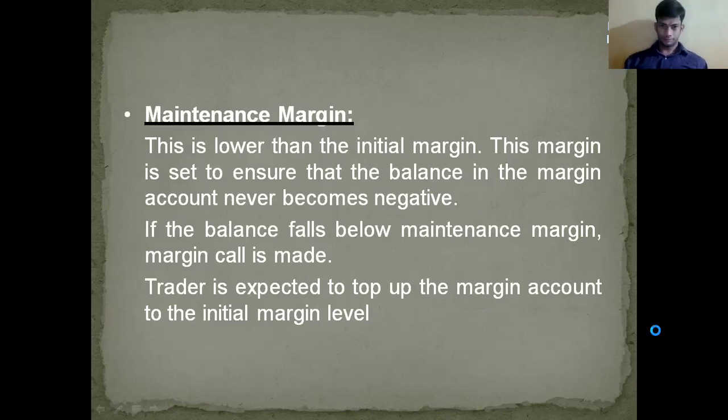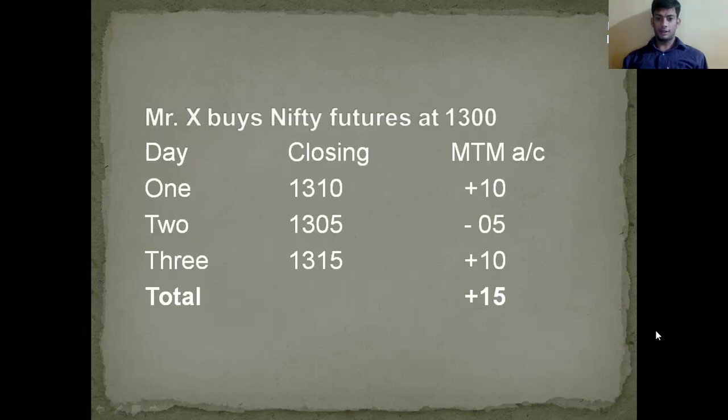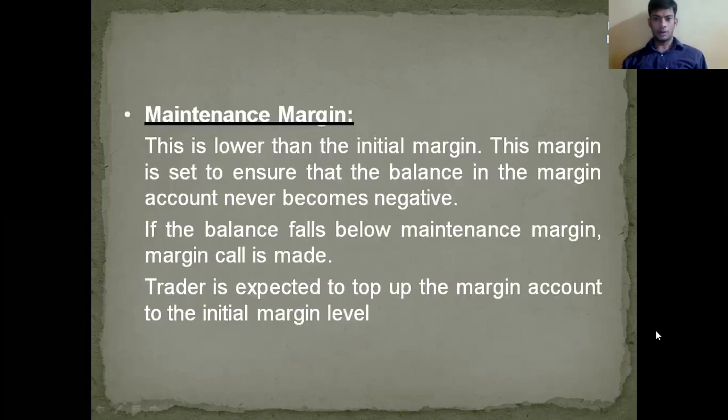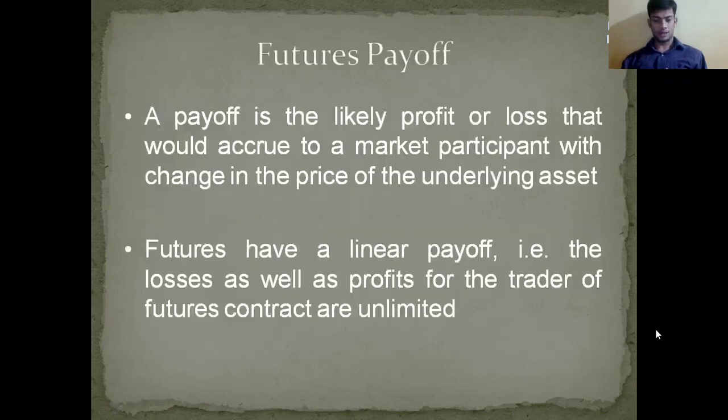For example, here the margin is 10. My minimum margin of 10 is here, but the lower range is -5, meaning it can decrease by 5 or increase by 5, but the minimum of 10 must be there. This margin is set so that the balance in the margin account never becomes negative. For example, if it decreases by 5, 5 is still positive. If the balance falls below maintenance margin, a margin call is made. Falling below means where it starts going down, that is the margin call. The trader is expected to top up the margin account to the initial margin level.